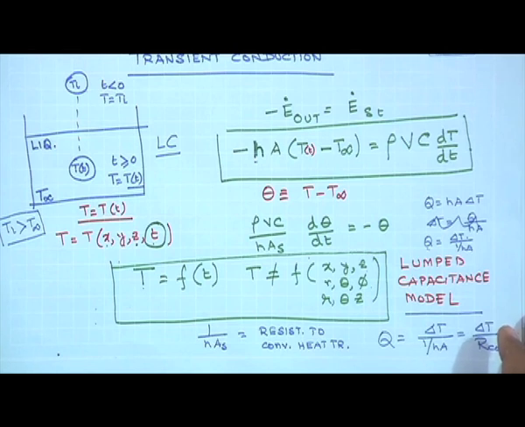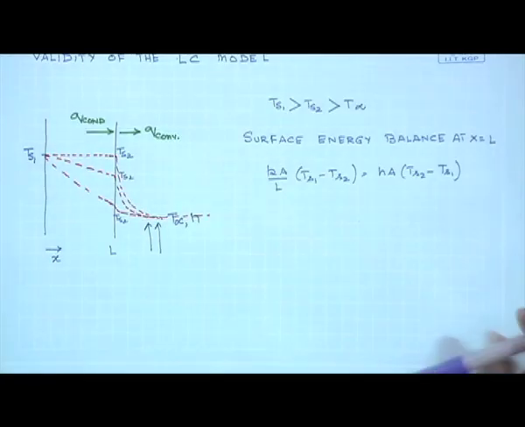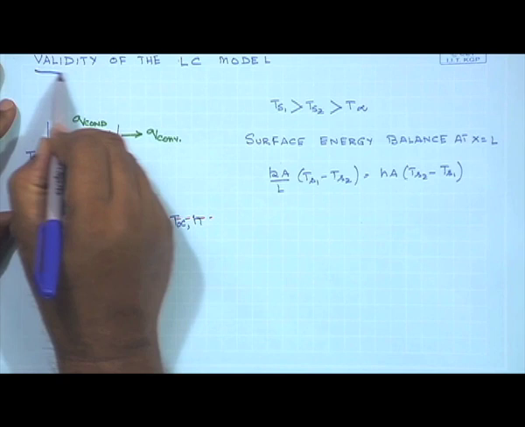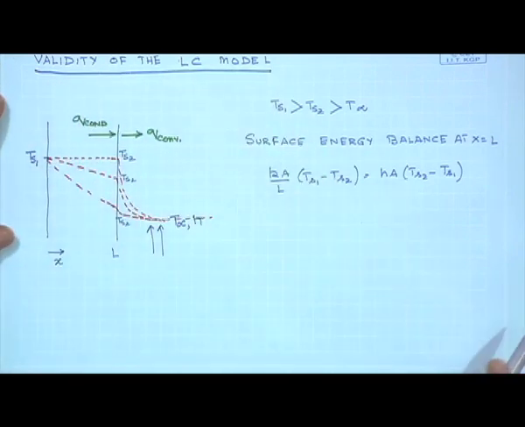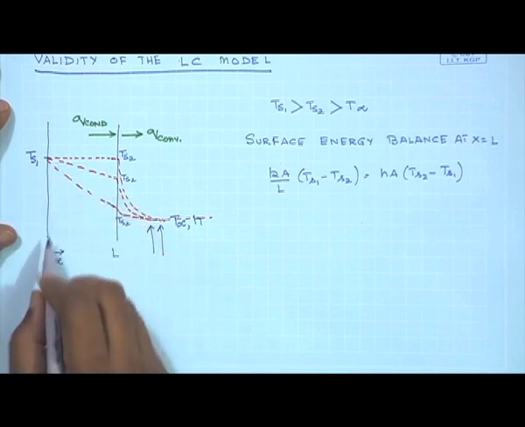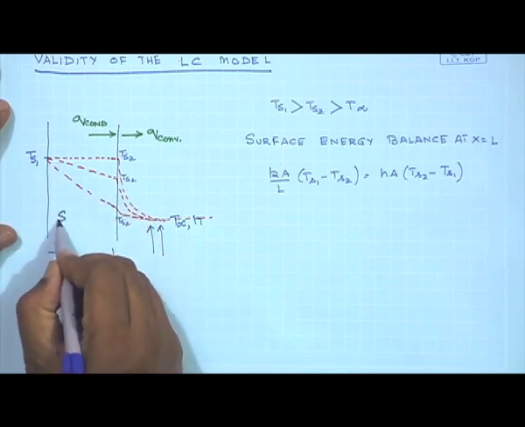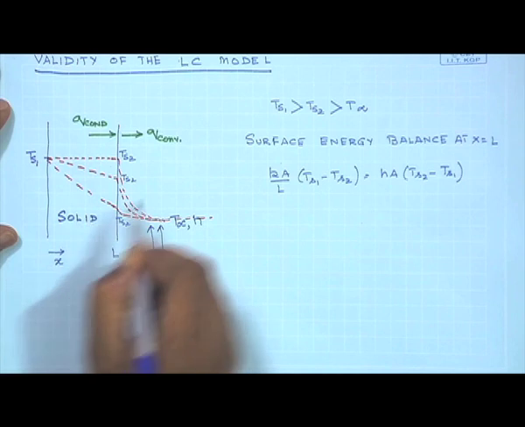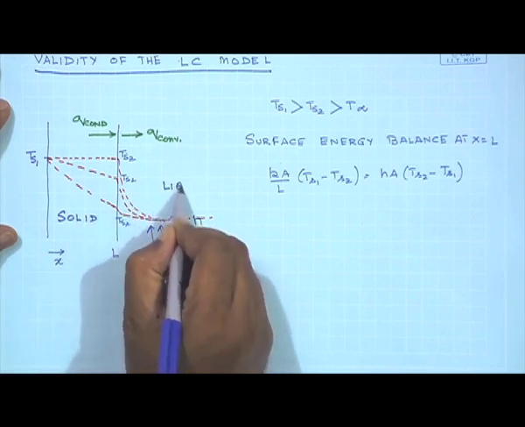What exactly happens in the case of lumped capacitance, or when it would be prudent to use the lumped capacitance model? In order to address this question, I am looking into the validity of the LC model, the lumped capacitance model, and let us say this is a solid object which is in contact with a liquid.